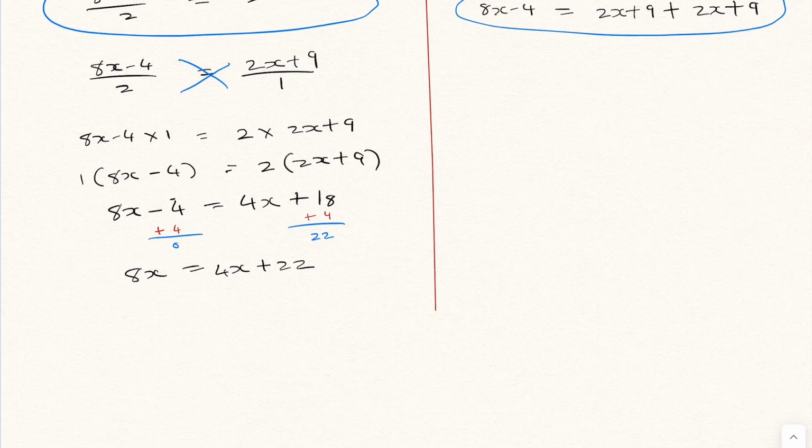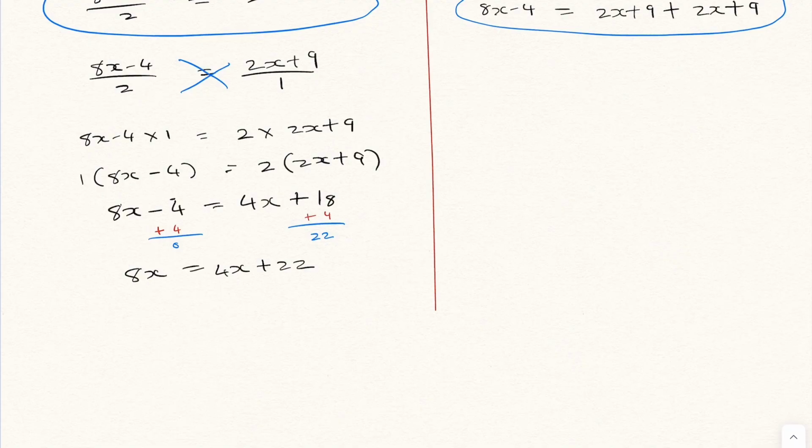The next thing we're going to do is subtract 4x from both sides to take away this 4x.